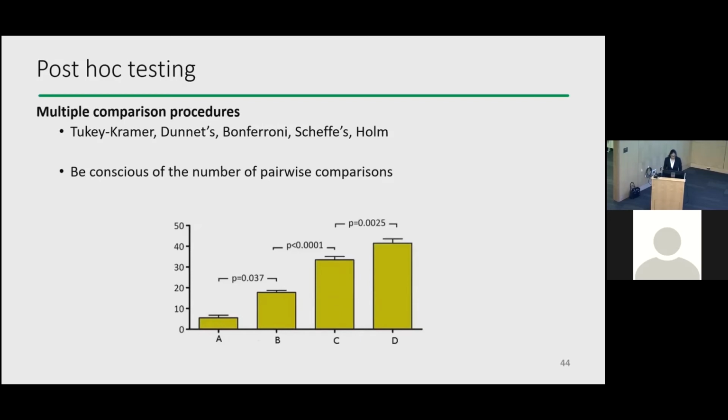So the multiple comparison results will also compare between A and C, A and D, as well as between B and D. That way you can determine where exactly the mean significant difference lies.